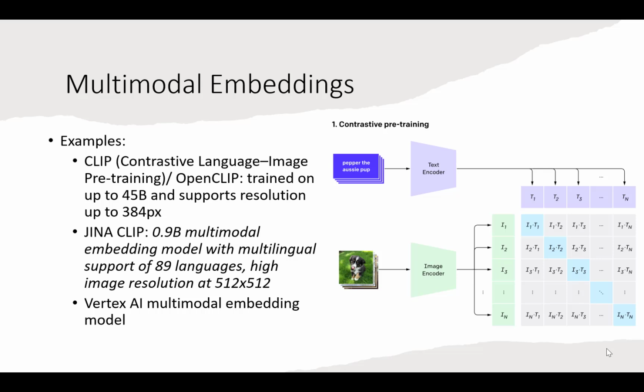So you see here how something like CLIP was trained. They are combining an image encoder and a text encoder, and then they're matching the text and image.